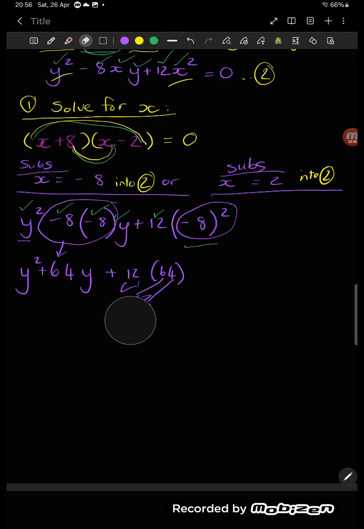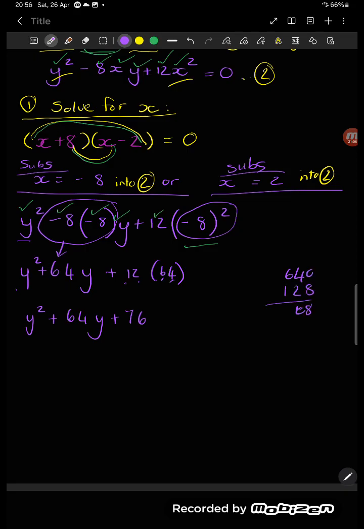Okay, so let's try and do this. So I've got y squared plus 64y plus, what was it, 128 and 640, 768. If you do these on the side, it's very helpful.